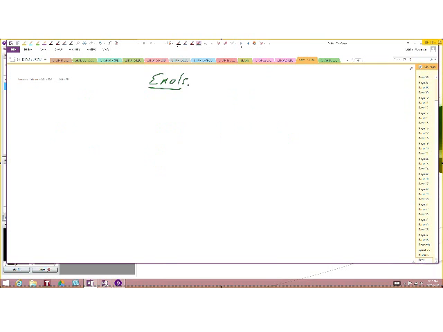Yeah, another class of compounds related to alcohols are enols. Enols are those molecules in which the hydroxy group is attached to a carbon-carbon double bond. So this would be an enol.